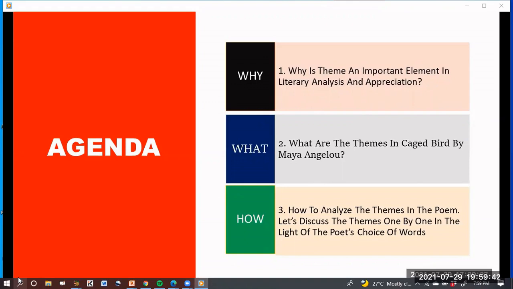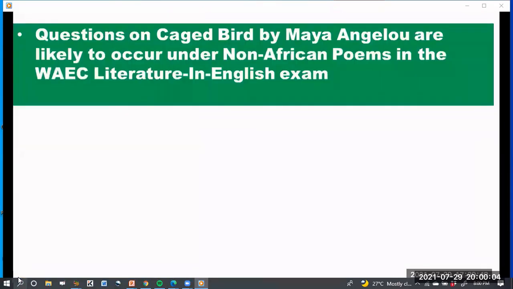And three, how to analyze the themes in the poem. At this point, we are going to discuss the themes one by one in the light of the poet's choice of words. So we are going to look at this 3-point agenda: why, what, and how.